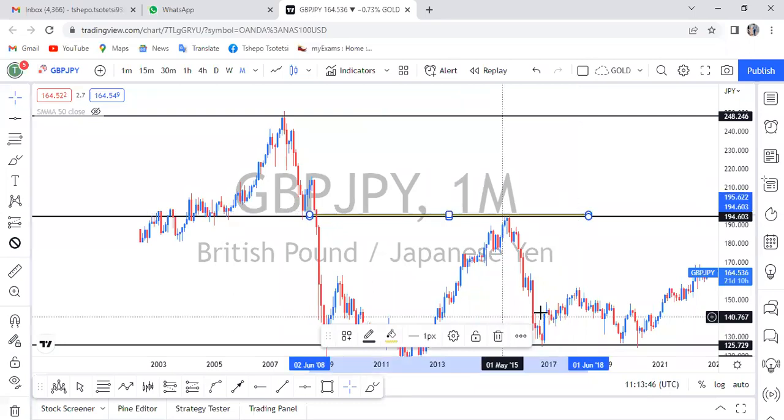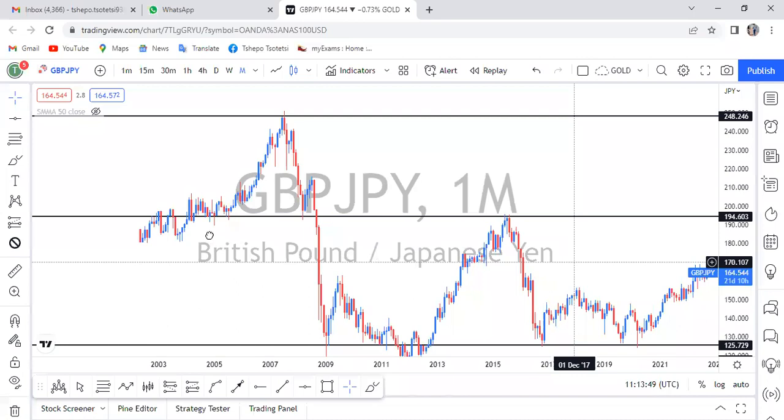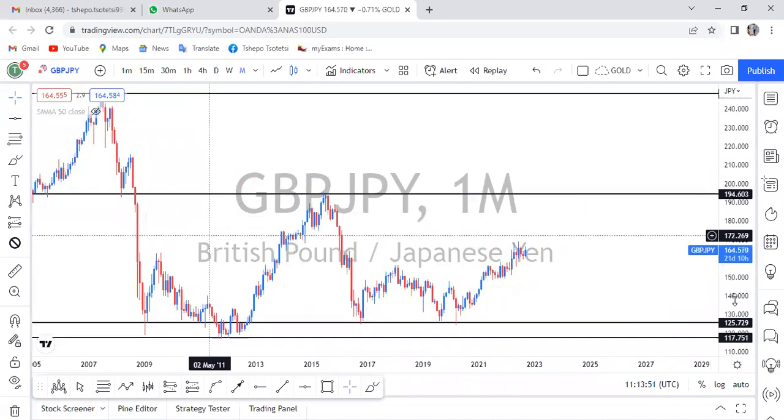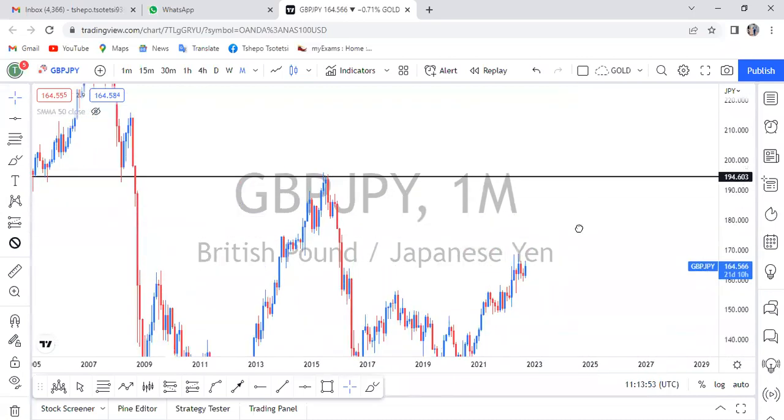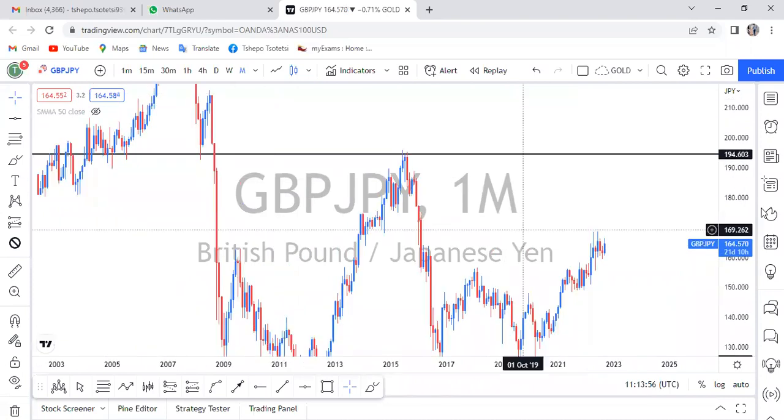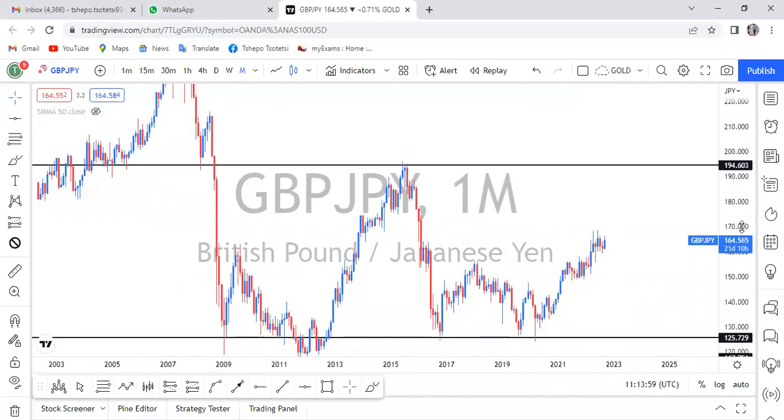I marked my level looking at monthly. Now I want to go on a weekly time frame, because our support and resistance is strong when you find it on a bigger time frame, like weekly, monthly, and daily. Those are the strongest support.